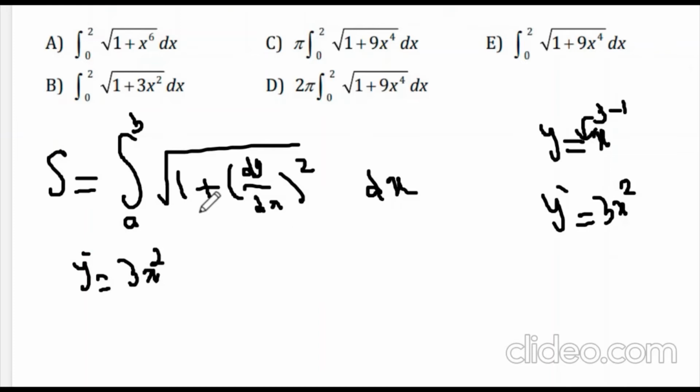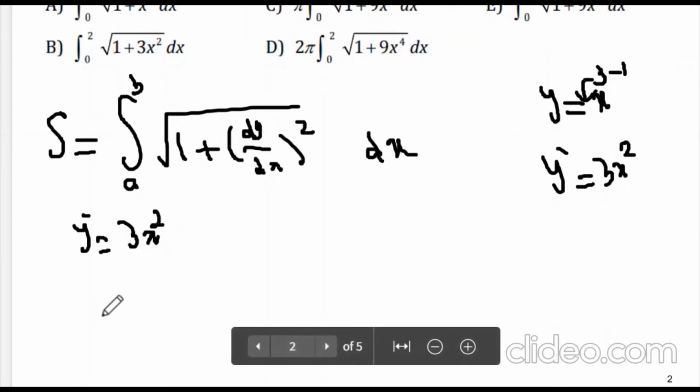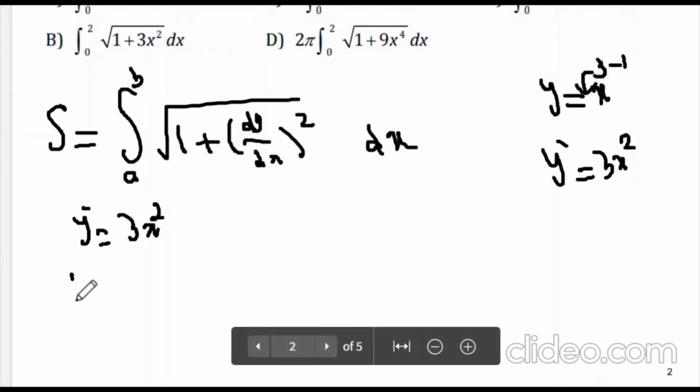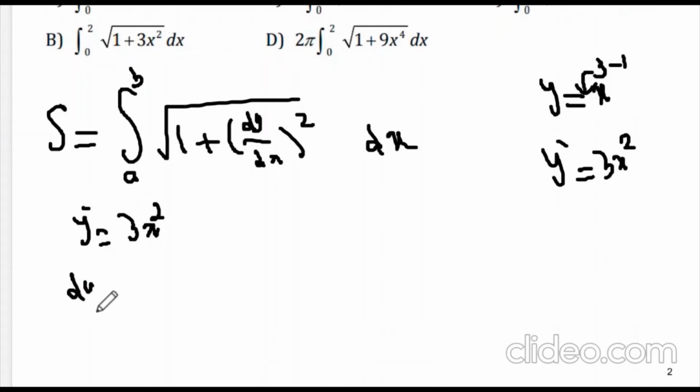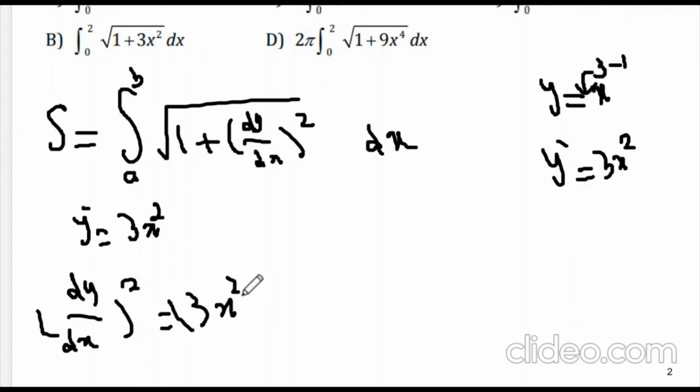So now we found y prime, which is the derivative, and now we're going to put it squared as in the formula. So dy over dx squared is 3x squared, squared. Then, as we can see here, we're going to use squared. So how to find the answer?